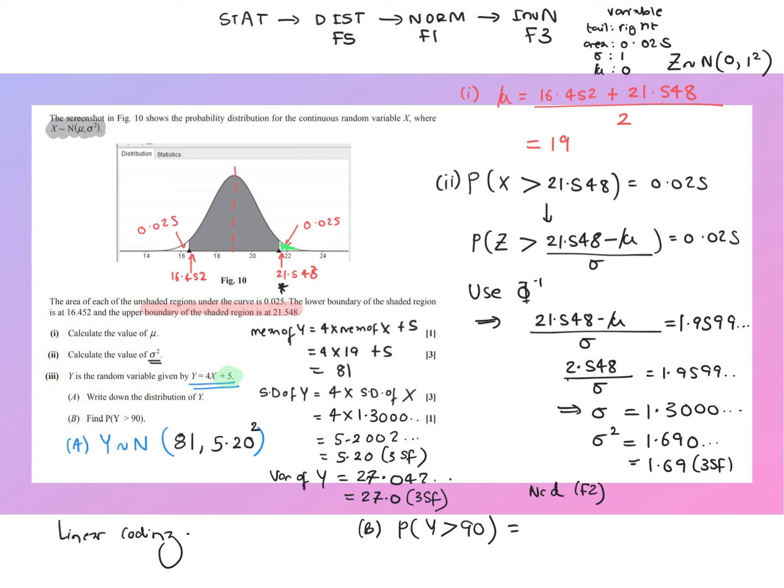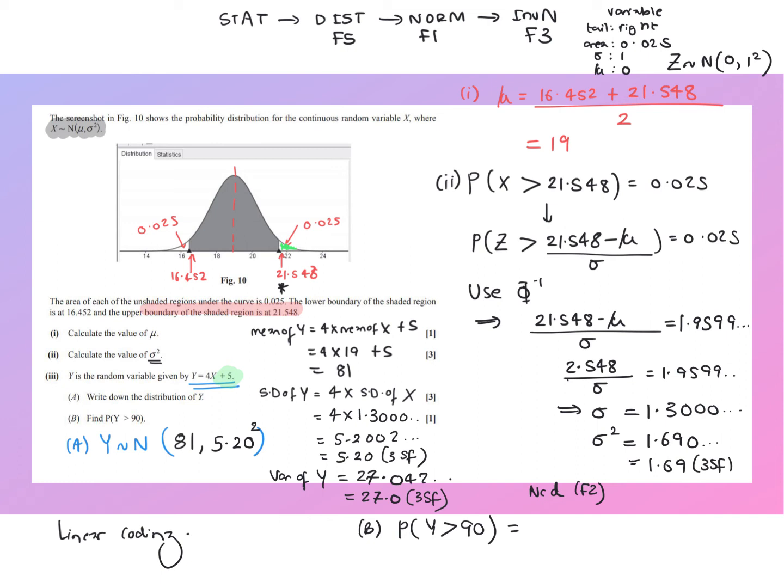And we then enter sigma, which is our 5.2002... value. And mu, of course, is 81. Be careful to enter sigma and mu the correct way round, in the correct order. It's sigma first on the calculator and then mu. It is clearly listed, but it's an easy place in which people make mistakes and sometimes swap mu for sigma.